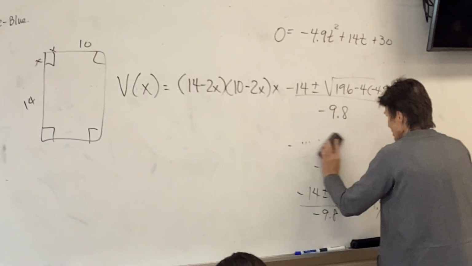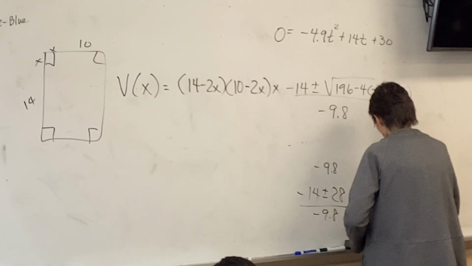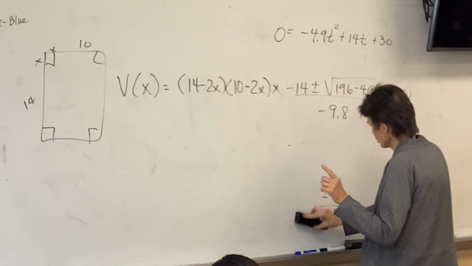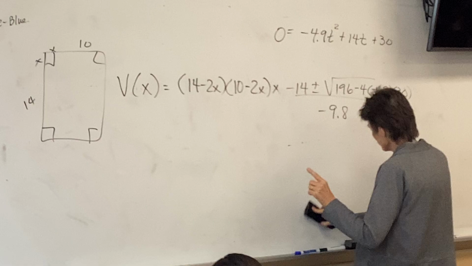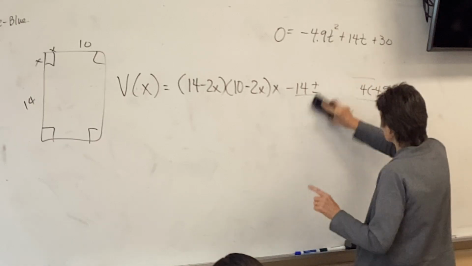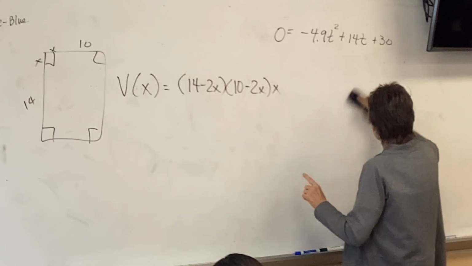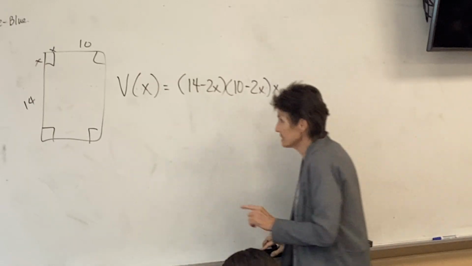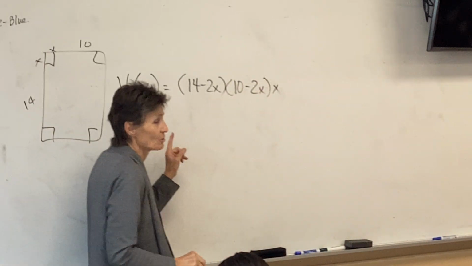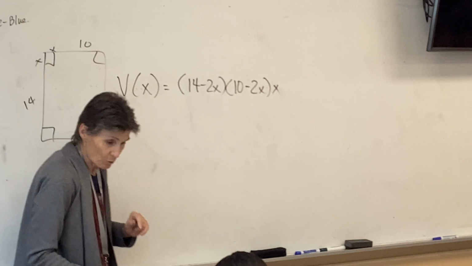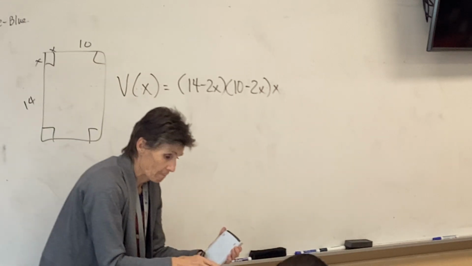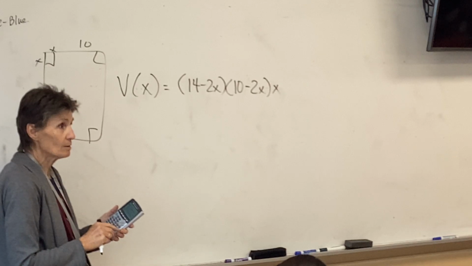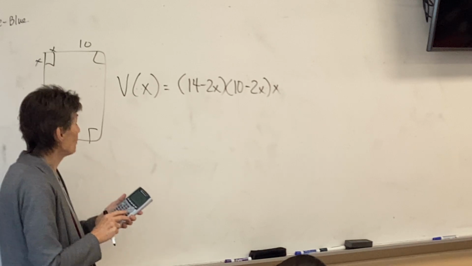Do you remember this from earlier? That is a cubic equation. Please do not do negative b over 2a unless you have a quadratic. This is a cubic. Volume is cubed. So you remember what we do? Type it into our calculator and find the maximum point, the highest point.